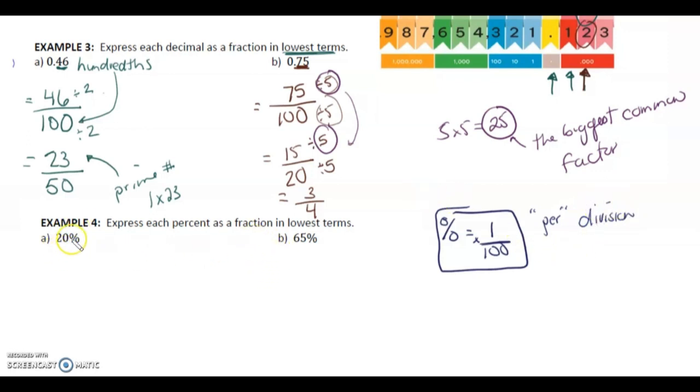So if we have 20%, we're going to rewrite 20, and then the percentage symbol, we're going to write it as times 1 over 100. In other words, we get 20 divided by 100.